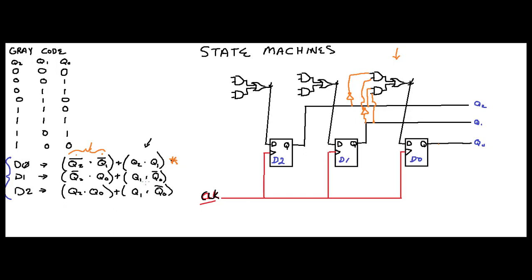So this one's going to be, if we start on the left, right, we have a Q0 and we have a Q2 bar. So your Q0 is right here. I just come up here, jump, jump. There's your Q0, right? And Q2 bar. We already have a Q2 bar, don't we, right here? We just tap off it.